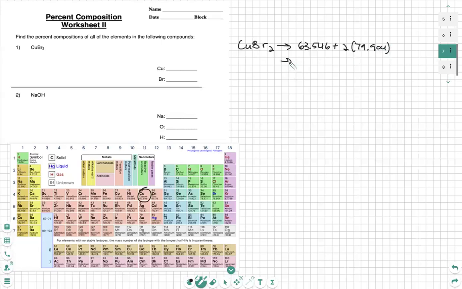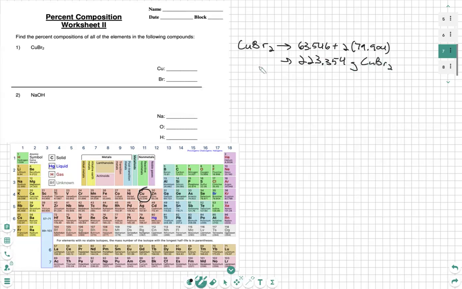So we put that into a calculator: 63.546 plus 2 times 79.904. Plugging that in will get us 223.354. So that is going to be grams of copper bromide.